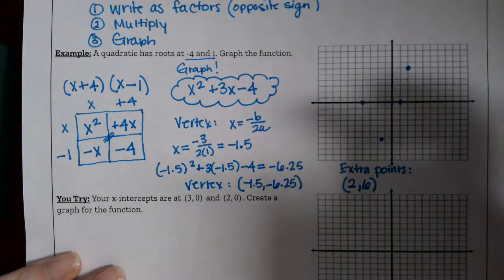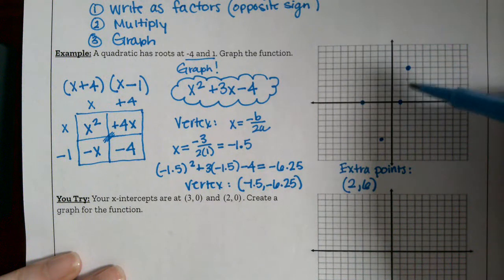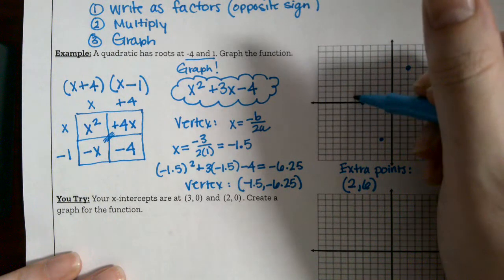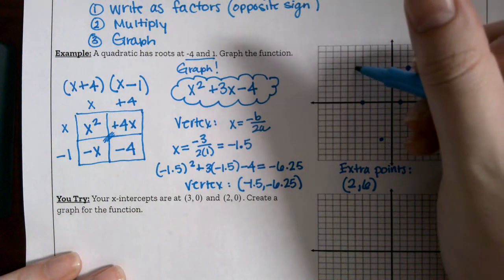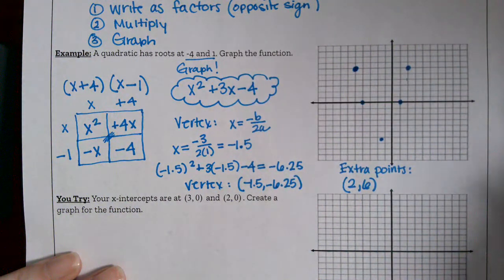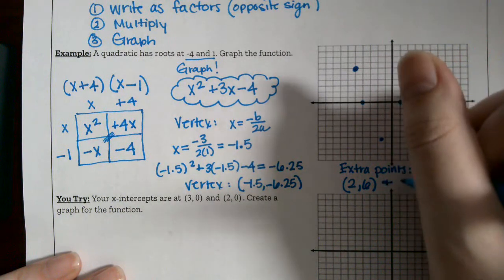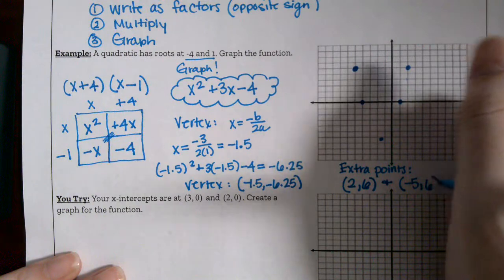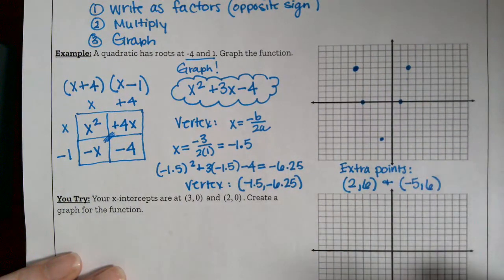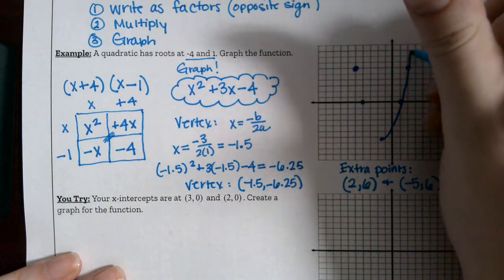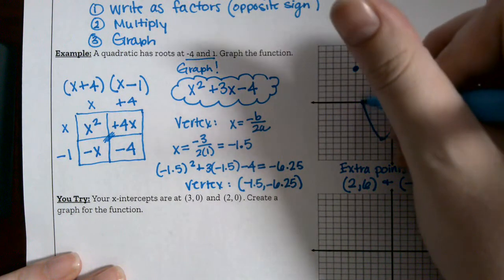And then remember, parabolas are mirrored to each other. So this dot is one line away from this x-intercept. So if I go to my other side and I go one line away, I can also go up 6. And that point exists as well. So that was at -5 comma 6 because they're a mirror. So then I can go ahead and connect my dots into a parabola.